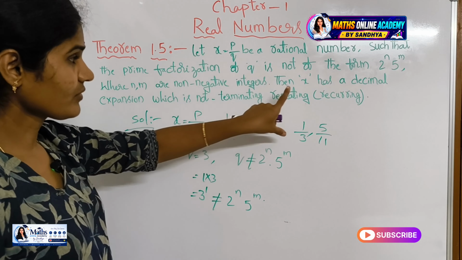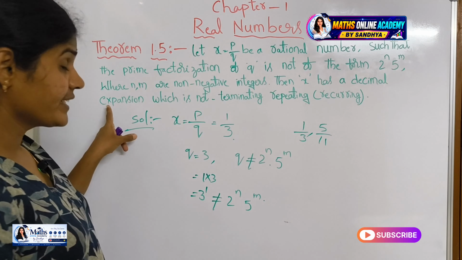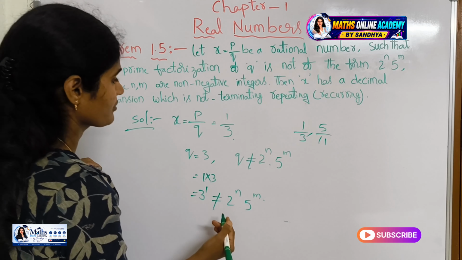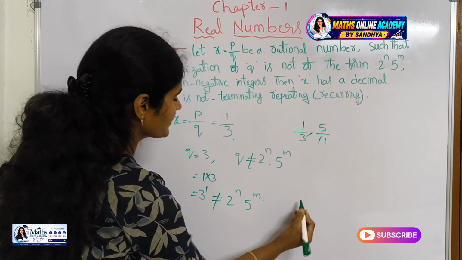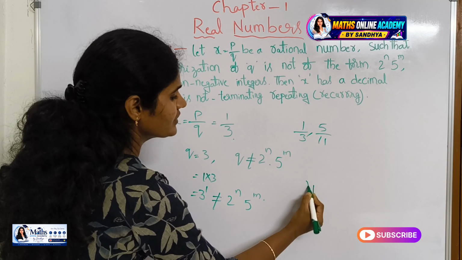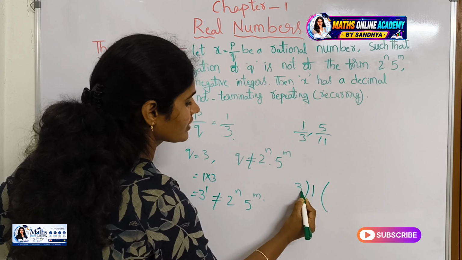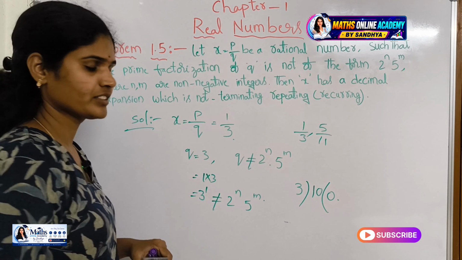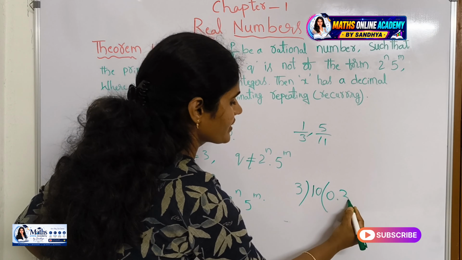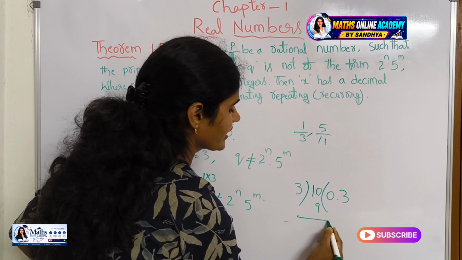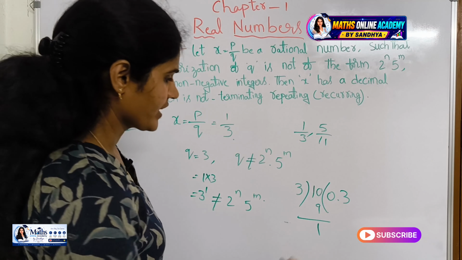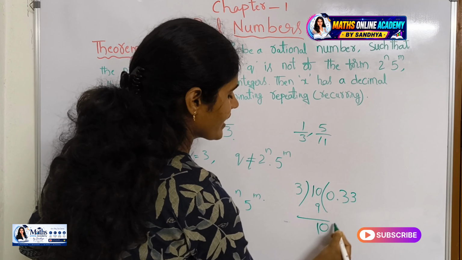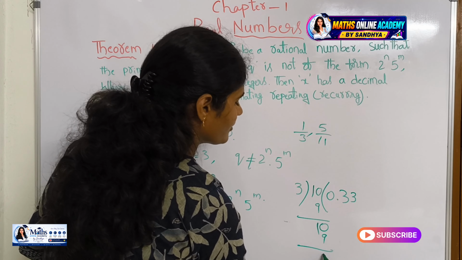Then x has a decimal expansion. So we have to prove the decimal expansion. Here let's do the division. 0. Again here coming 0. 3 3s are 9. Again 1 remainder. Again you take the 0. 3 3s are 9 and again 1.